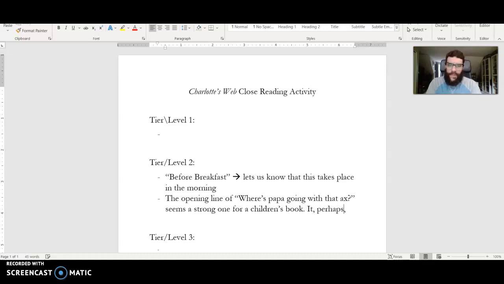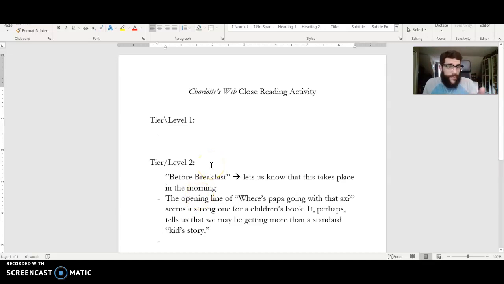It perhaps tells us that we may be getting more than a standard "kids story." Something along those lines.